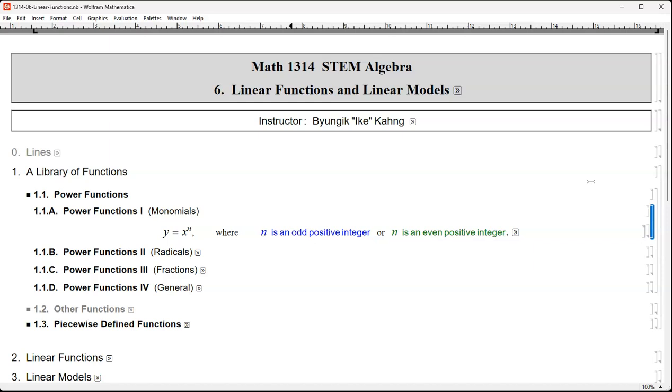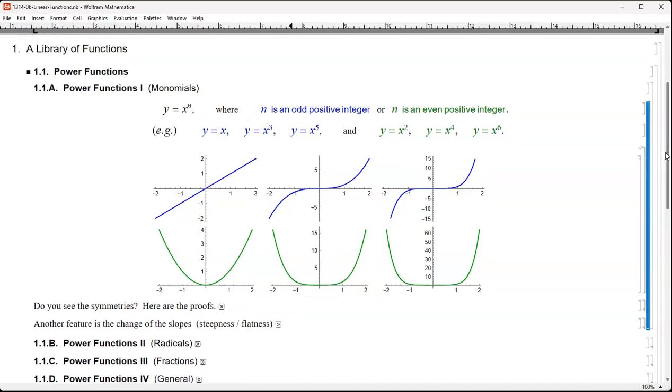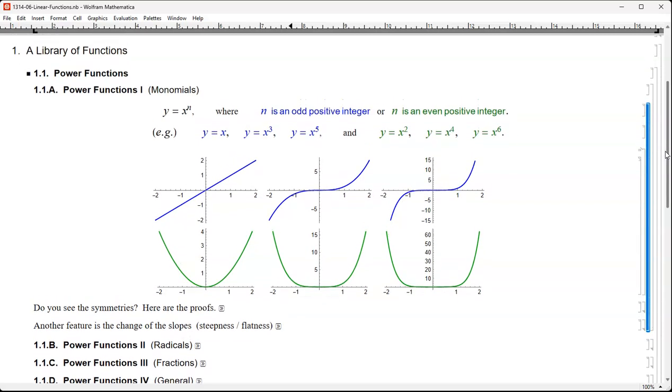Depending upon whether that positive integer n is odd or even, we get either blue graphs, which are odd functions, and green graphs, which are even functions. Blue here, x to the odd power. Green down here, x to the even power. You're looking at x to the first power, third power, fifth power for blue, and second power, fourth power, and sixth power for green.